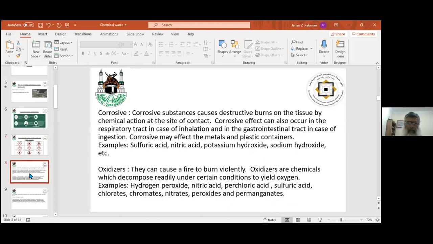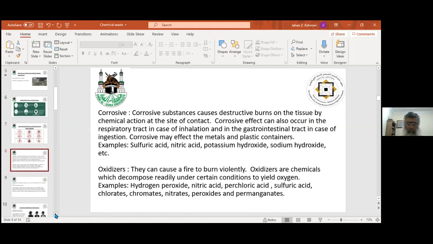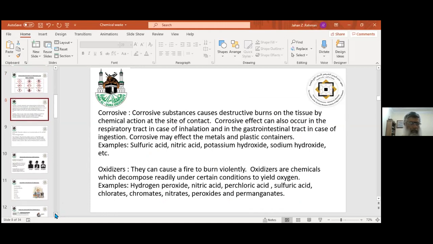Then here are some definitions. If you students want to read these definitions, you may read them, because I discussed these definitions in the slides. This is the definition for corrosives. This is the definition for oxidizers.